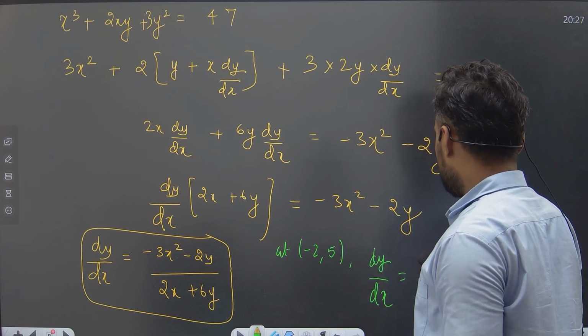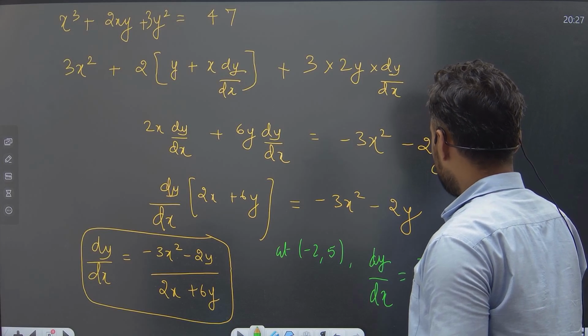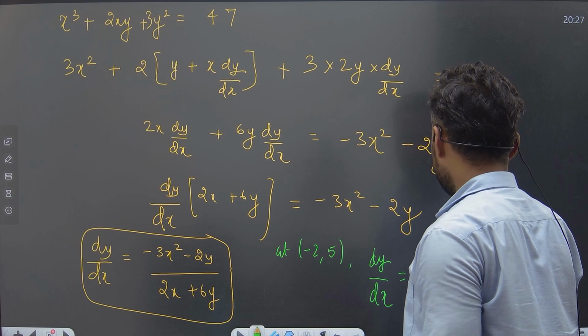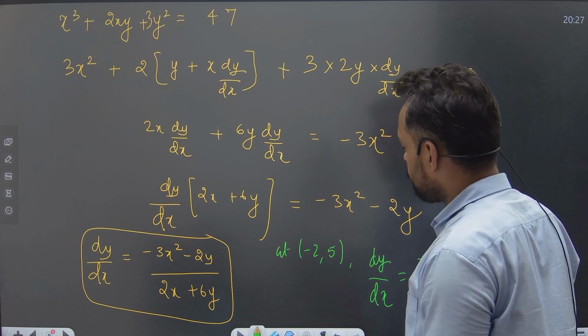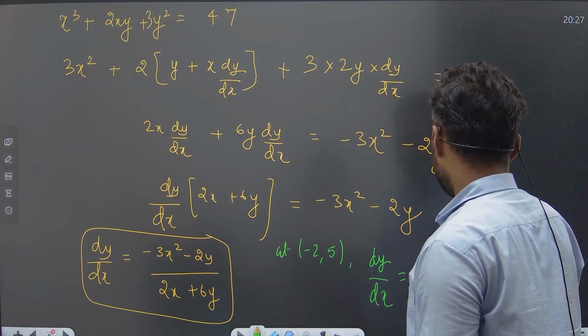So we'll get negative of 3 times x squared, that is negative 2 whole squared, negative of 2 times 5, upon 2x. So 2 times negative 2 will be negative 4, plus 30.